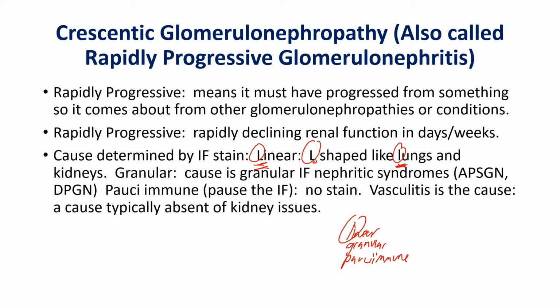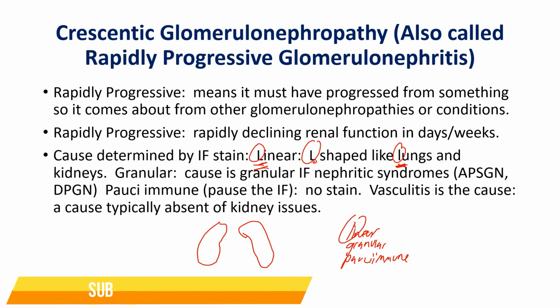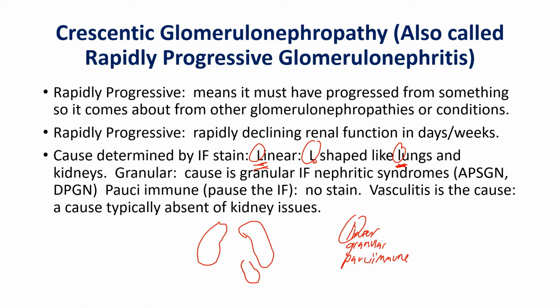In Goodpasture's, you're having hemoptysis, which is coming from the lung damage, plus you're having kidney issues. You can pull this up on Google and look at it. When you look at your lungs head on, looking at the patient, they have a curve like this in your chest. And if you look at kidneys, which are more towards the back and lower, you'll see they have that same kind of curve.